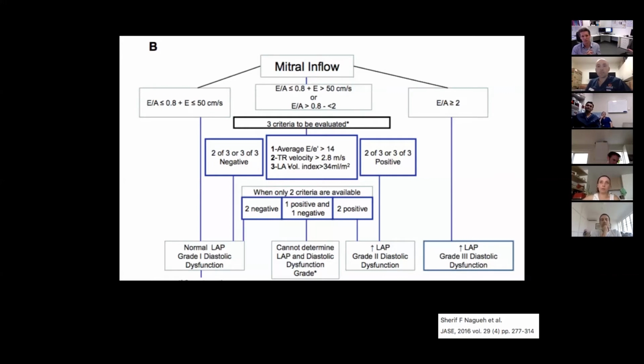So in the acute period, you could have a normal looking LA size, and then it would take some time to dilate, and then really the LA pressure would be dependent on the grade of diastolic dysfunction that you have, because by definition, grade 1 has a normal LAP, grade 2 has raised LAP and grade 3 after that. But again, like you said, that's not really validated in this population.